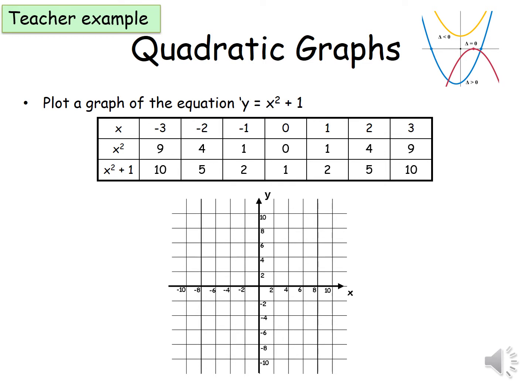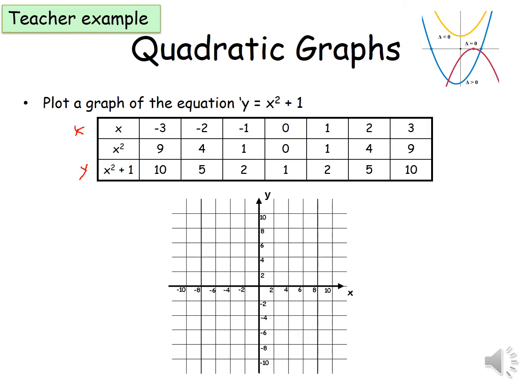Now, once we have got our values, the values that we need to concentrate on are the x coordinate and the y coordinate. Now we need to plot those values onto the graph below.